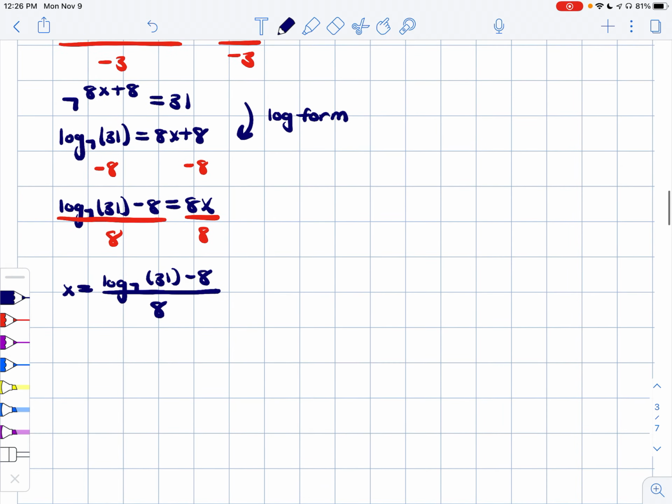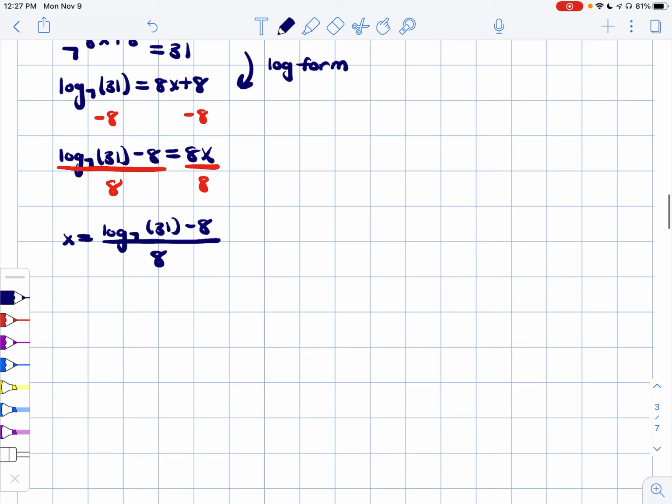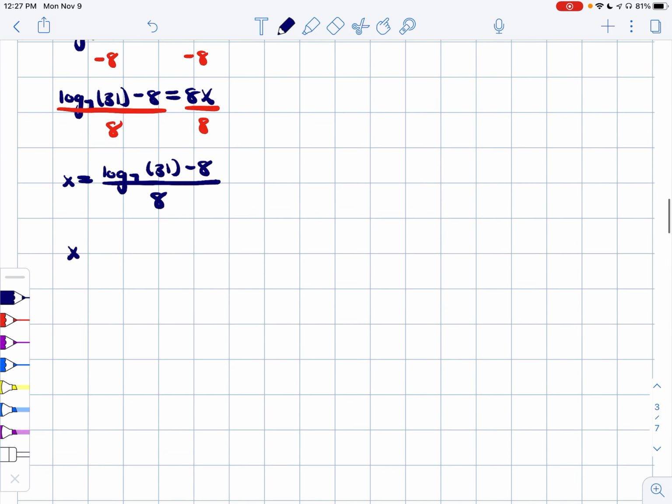So that is our exact answer. If you want a decimal approximation, again, you can use your change of base property, so you can plug this into your calculator. Our log base 7 of 31, we can change to the log of 31 divided by the log of 7, and then we still have the minus 8 divided by 8.